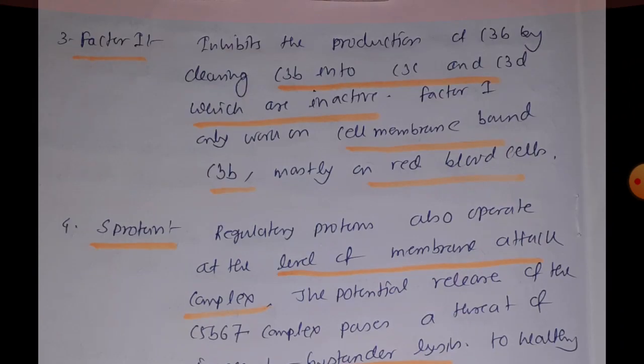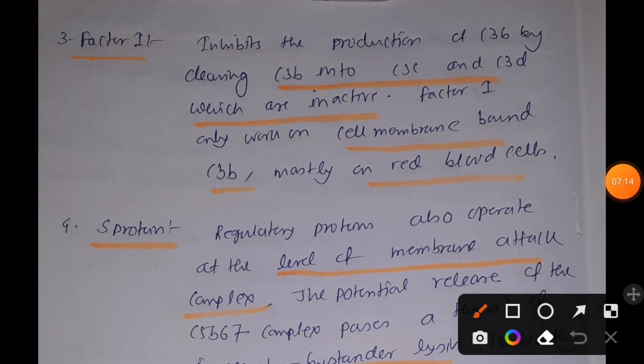So first we have discussed the C1 inhibitor, whose main goal is to inhibit C1r and C1s. Then we have discussed protein H. The main goal of protein H is the prevention of formation of B small b by preventing the binding of factor B to membrane bound C3b.